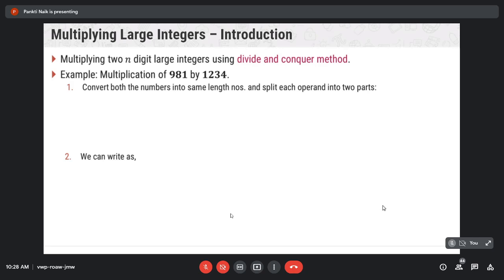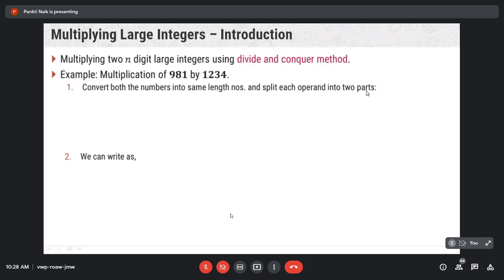So the first step to perform multiplication using the divide and conquer method is to convert both the numbers into the same length and split each operand into two parts. So here the divide is done, because we split each number into two parts.